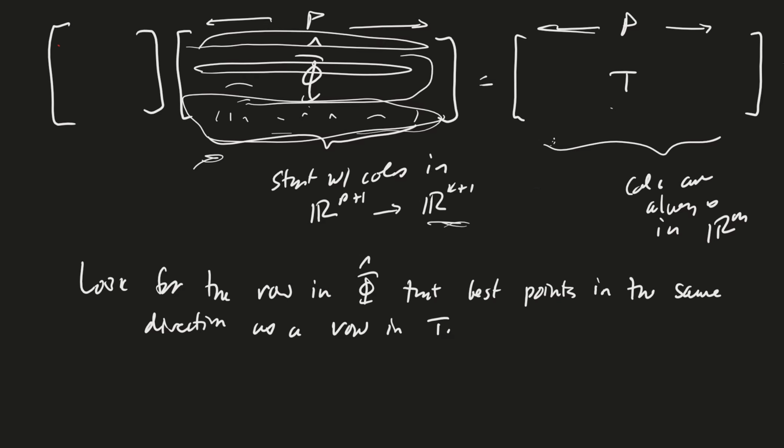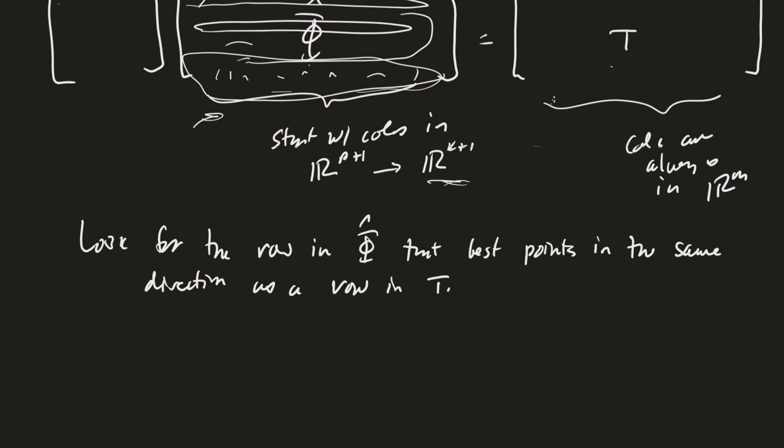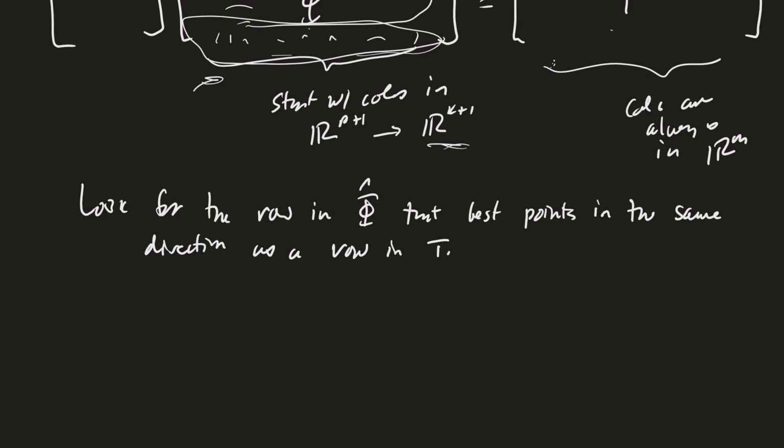And so that's the one we're going to keep. This would be the row to keep. Okay. That is the orthogonal least squares algorithm.